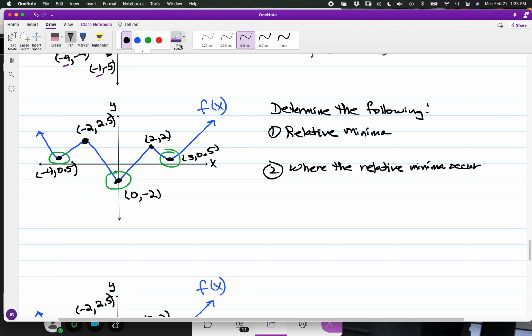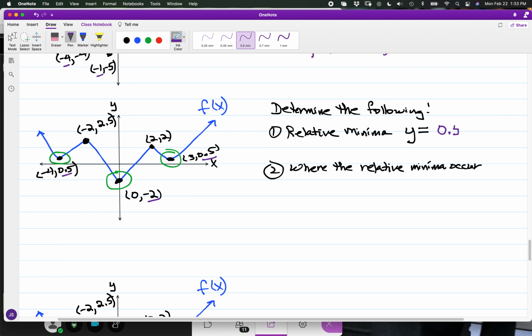So for the relative minimum, you have y equal to 0.5, -2, 0.5, and if you have any repeating y values, you just put it down only once. So in this case we have y at 0.5 and -2. Those would be your relative minima values, 0.5 and -2.